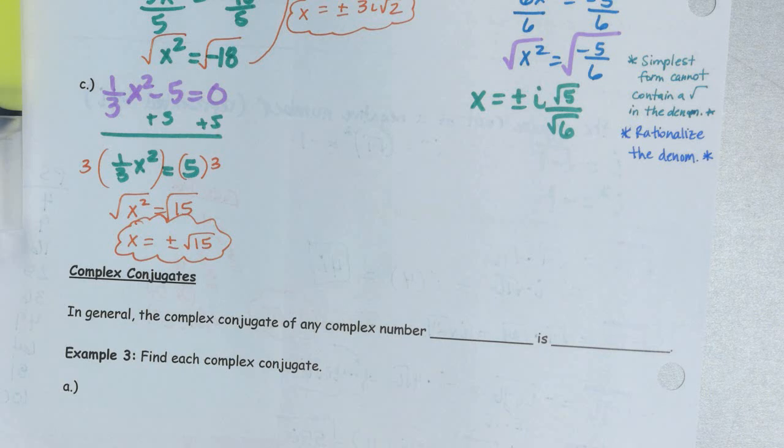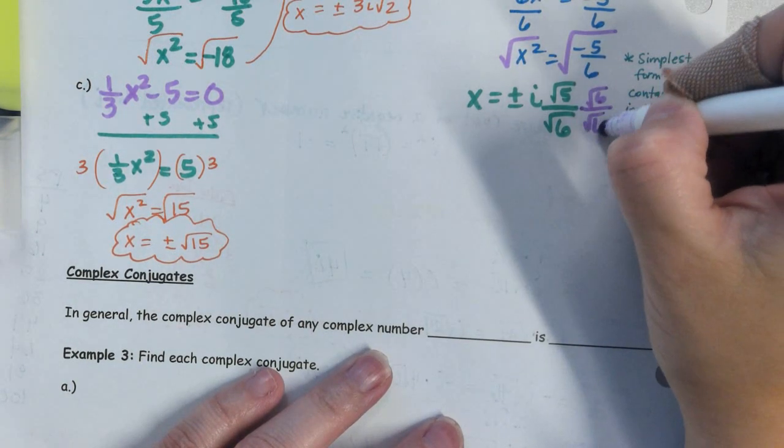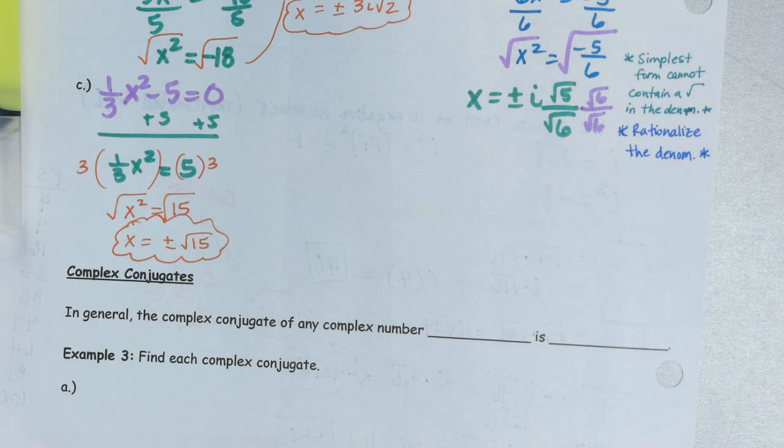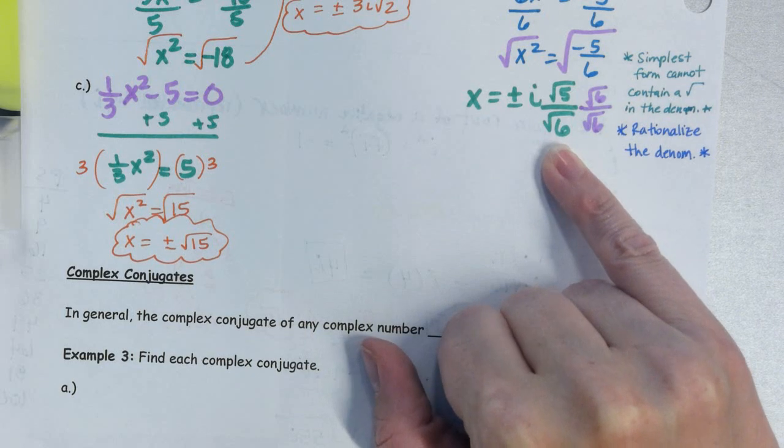And so, Maya, how did you know that it was going to be root 6? Because the square root of 6 times the square root of 6 equals a regular square. Yes, good.